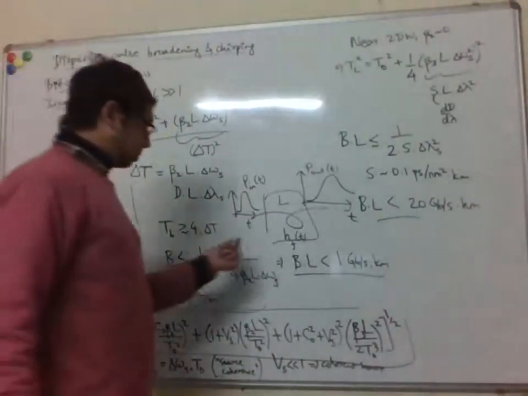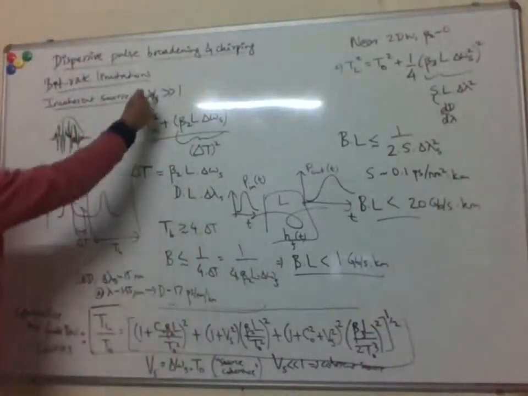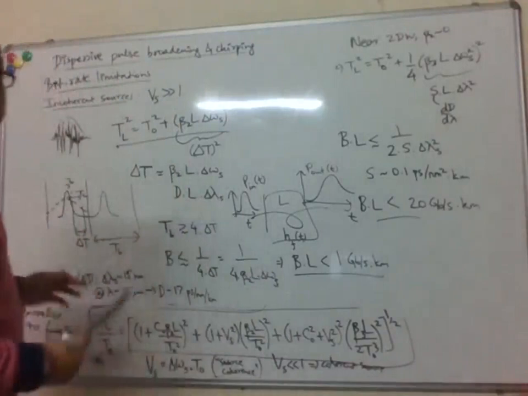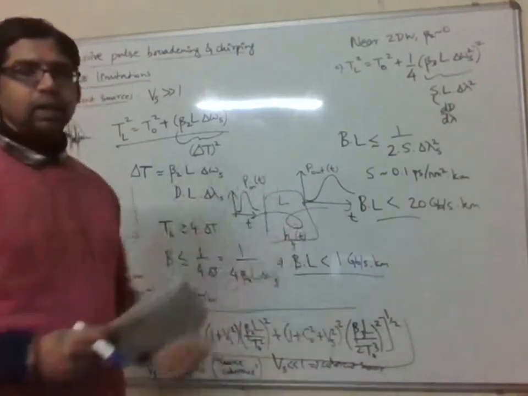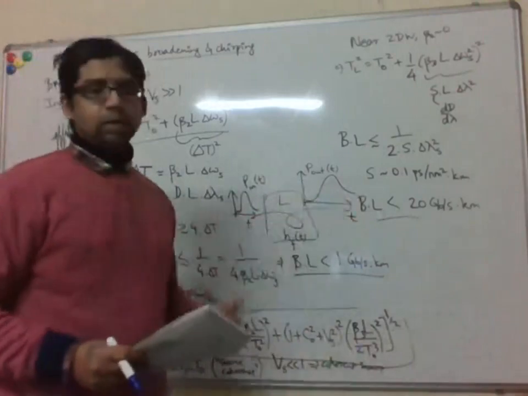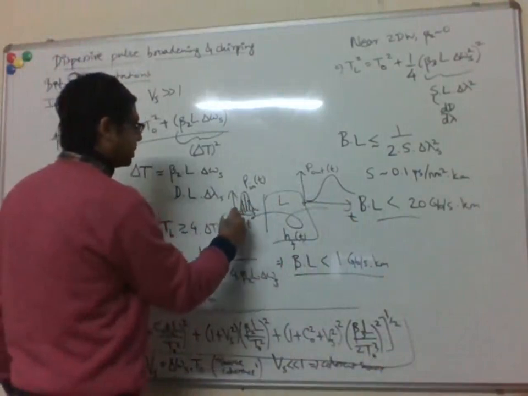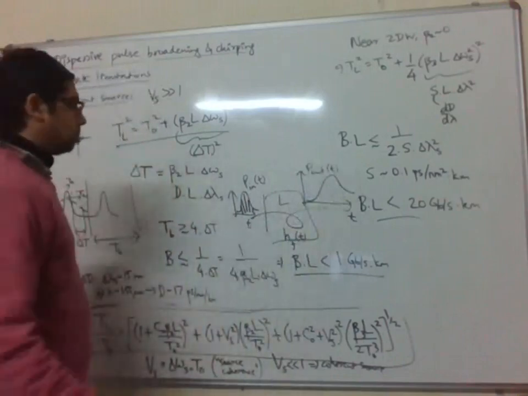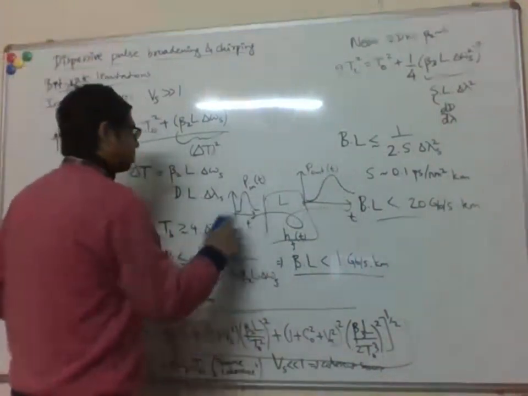You can do this for incoherent sources because, for this broad bandwidth, you have different frequency components which are not coherent with each other. So they propagate independently, and because of the delay between them, you get this broadening. The power is carried by different frequency components, and they all get delayed, like we did previously.